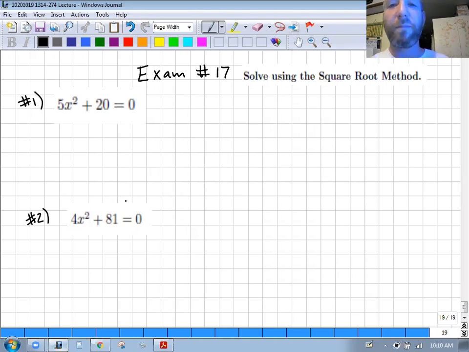So both of these you're going to end up with the square root of minus 1. Both of these problems you should have i in your solutions. And they both have two solutions because they're x squared. Remember the absolute value of x, you're going to get the plus and minus when you solve it.